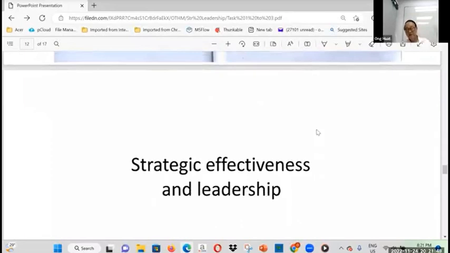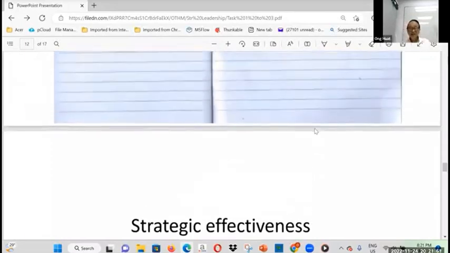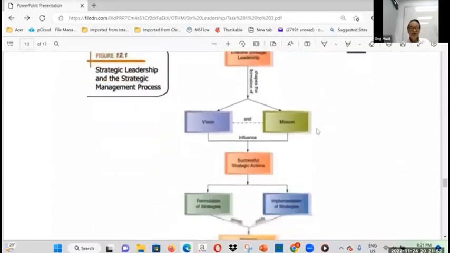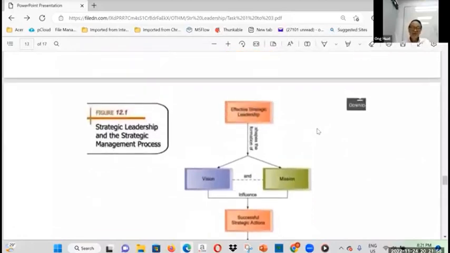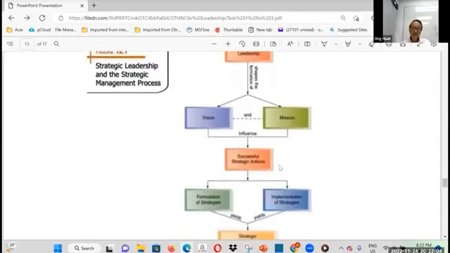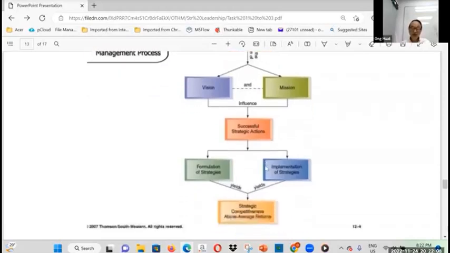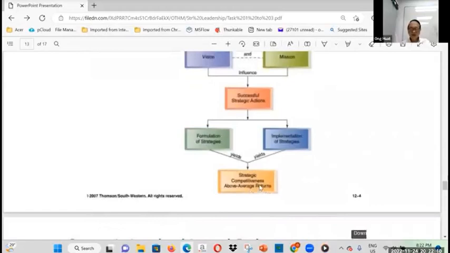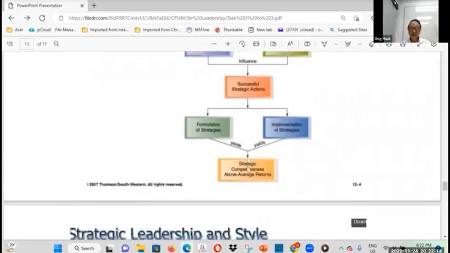But this effective leadership is for our next task. There's no harm in having a look at this. You see, in any leadership, to be effective, you need to have vision. You need to have strategic action. And this is not much different from our module 1, right? You need to formulate the strategy, and then you come to this.